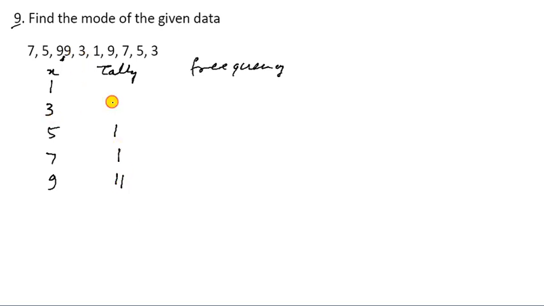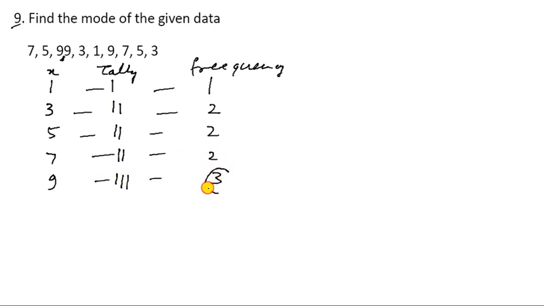So you can write here the tally: 1 is only 1 time. Here 7 becomes 1 line, and 5 is 1 line, and 9 is 1 line, and once again 9, so 2 lines. Once again 3 is 1 line, and 1 is 1 line, and here 9, so 9 becomes 3.